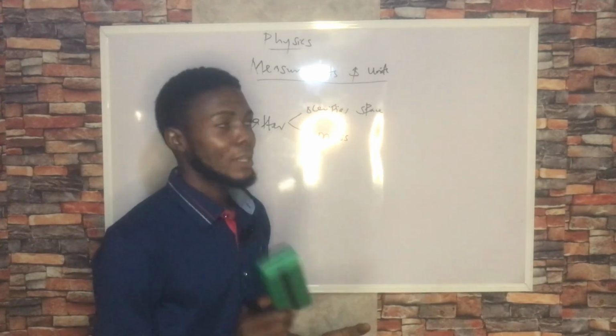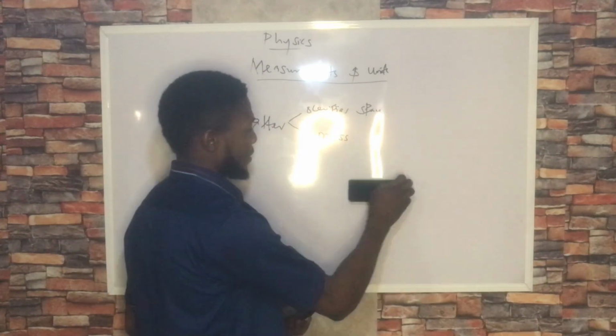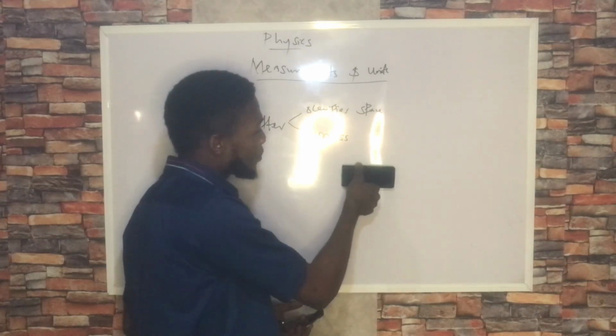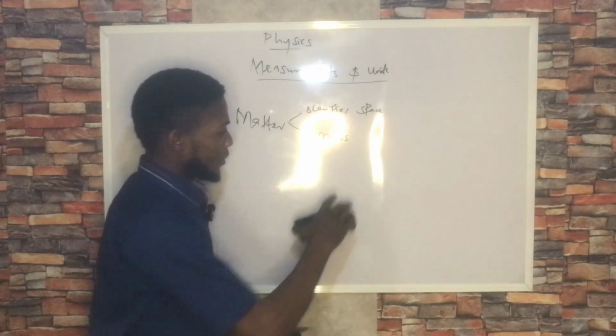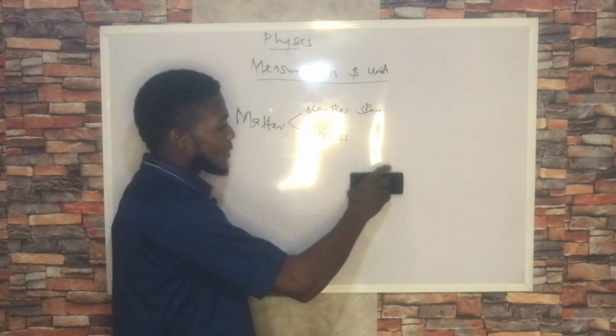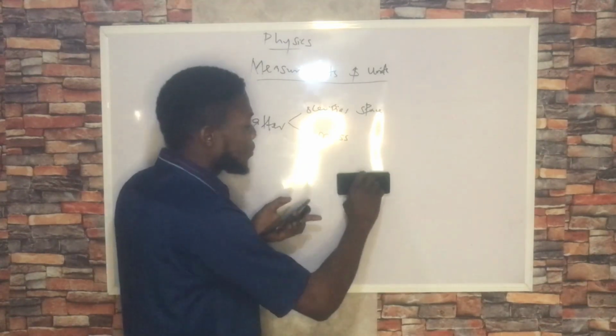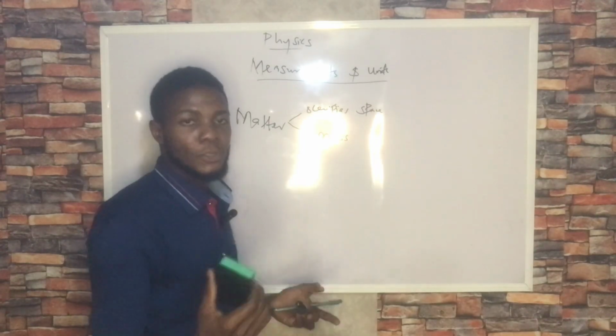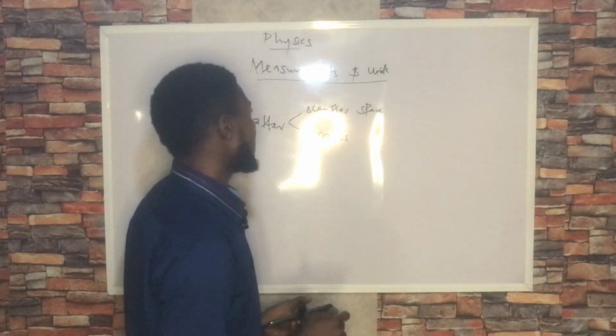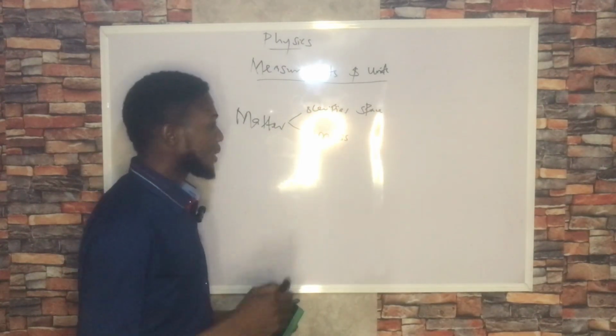Obviously, this is a form of matter because what you are seeing is capable of occupying space. If I remove this from here, you can't find it here. If I put it here, it has occupied a considerable part of this board. So it validates that truly matter is anything that has mass and occupies space.